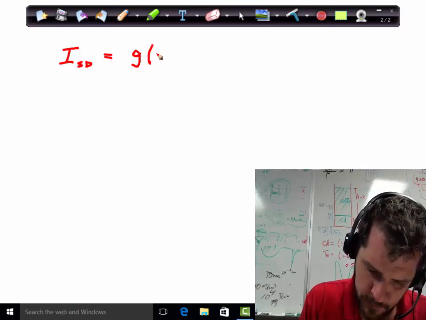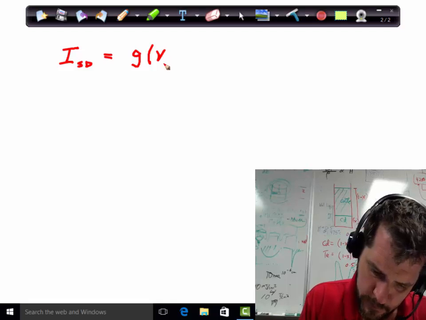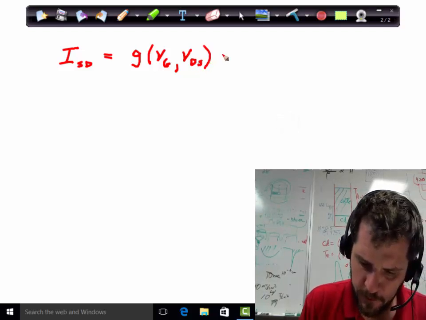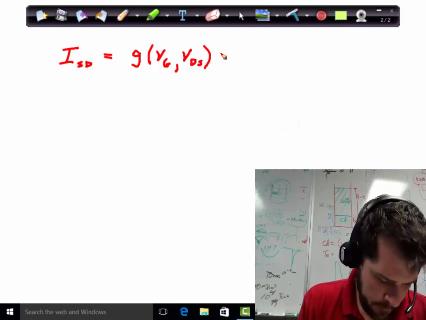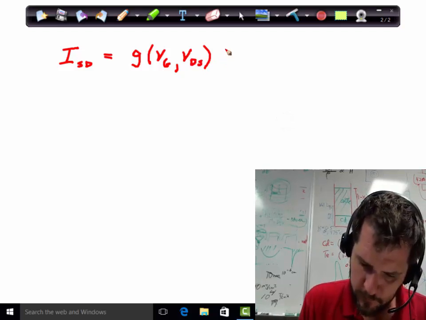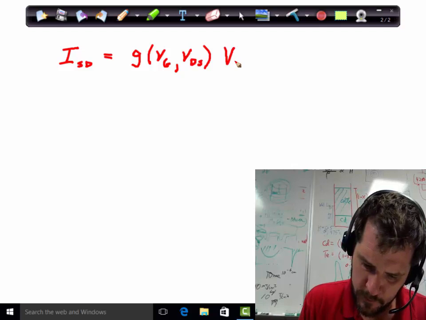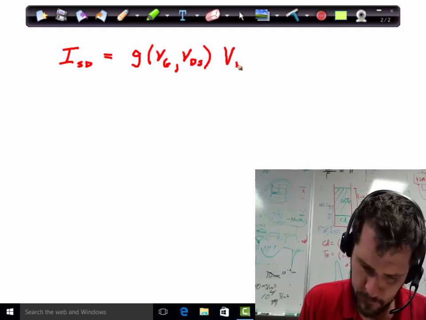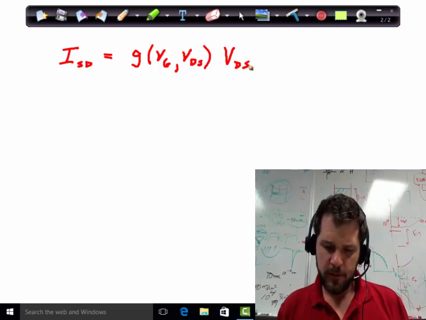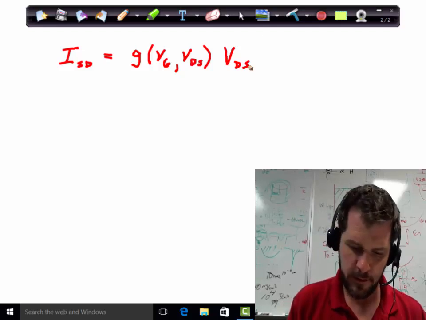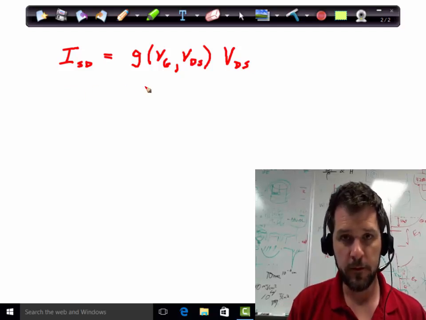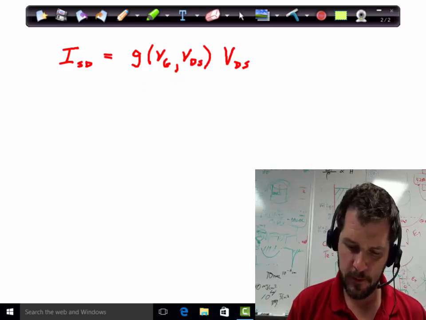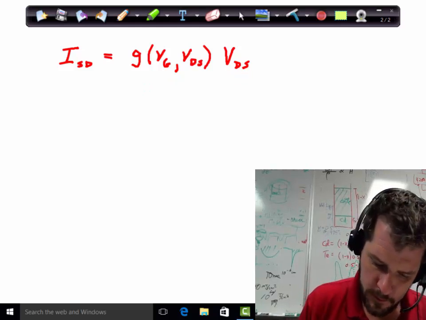This turns out to be a function of the gate voltage especially, but also the source drain voltage when we look in more detail. And then the current flowing is primarily proportional to the drain source voltage. In a sense, we've just written down Ohm's law, current equals one over resistance times voltage, and the voltage is the source drain voltage.